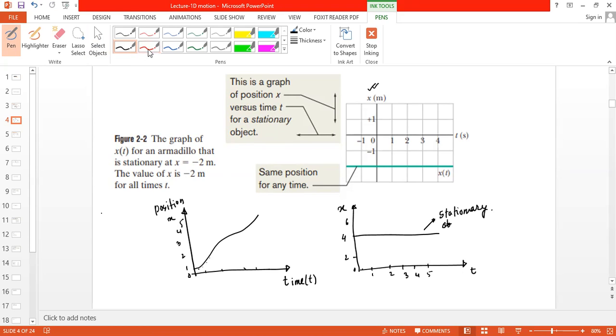Let's say this is the position versus time graph for object A, and this is another object, B. If you look at these two graphs, which object is moving faster, or which object is moving slowly? কোন object slowly move করছে, A or B?